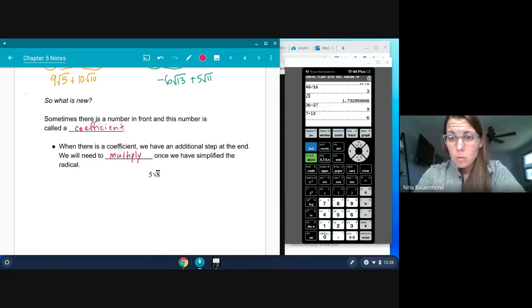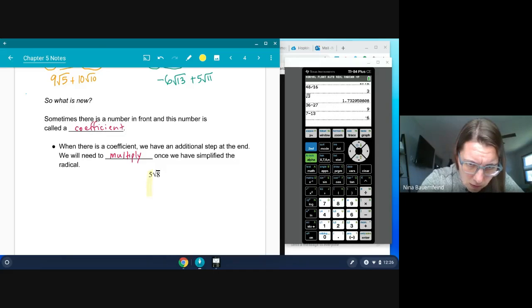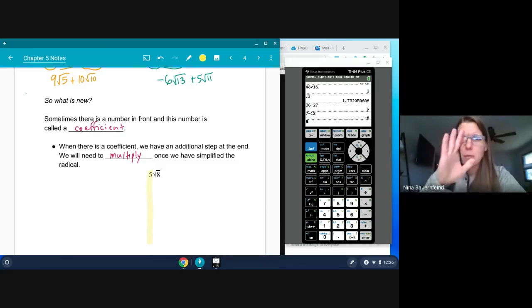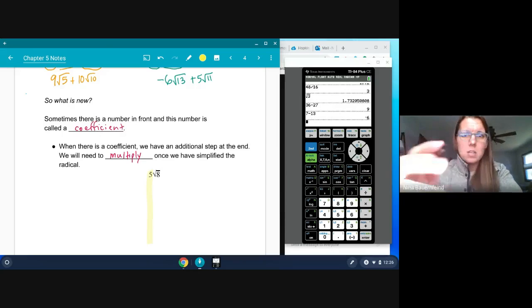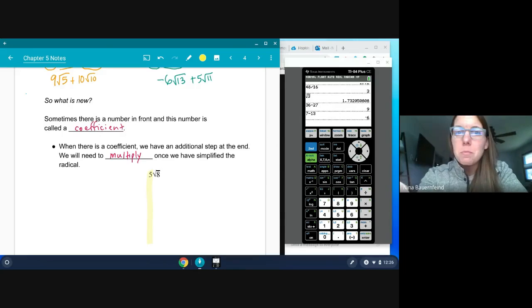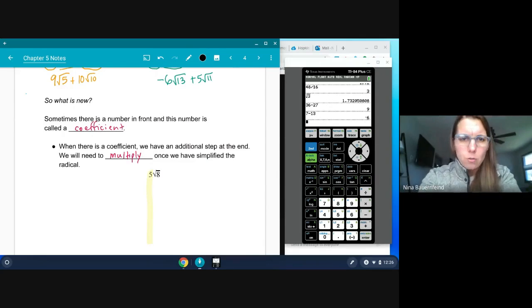So let's do this one. And what I'm going to say is we're going to ignore this 5, and we're going to bring it down each step. I'm making it like a column because we're going to work down these 2 columns, okay? So we'll ignore that for now, but we'll keep a space for it. So let's do what we did yesterday. Square root of 8. I'm going to list these numbers.